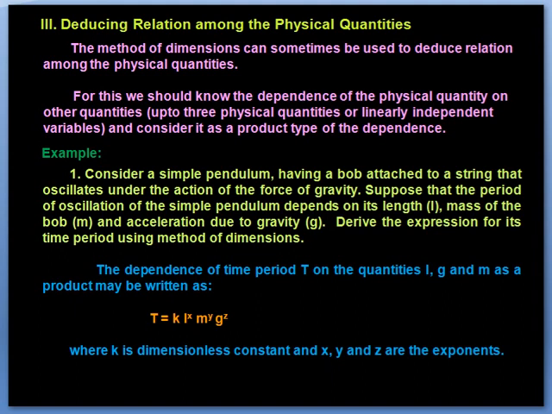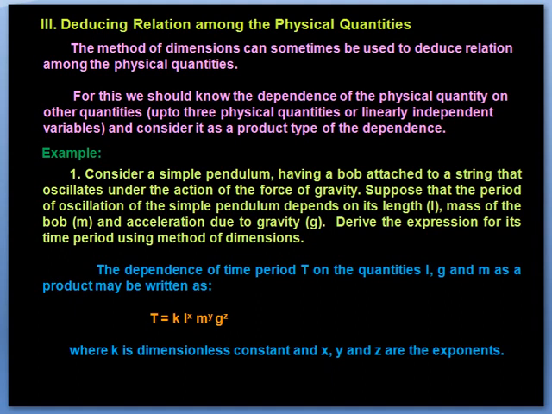For example, consider a simple pendulum having a bob attached to a string that oscillates under the action of the force of gravity. Suppose that the period of oscillation of the simple pendulum, that is the time period, depends on number 1, length of the string, number 2, mass of the bob, and number 3, acceleration due to gravity, small g. So you have to derive the expression for its time period using the method of dimensions.